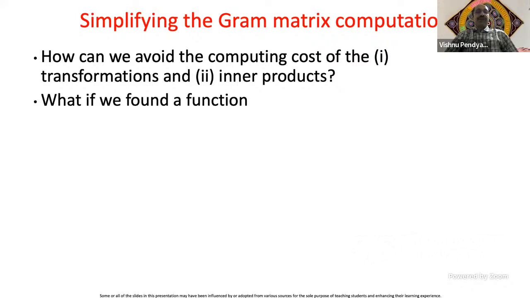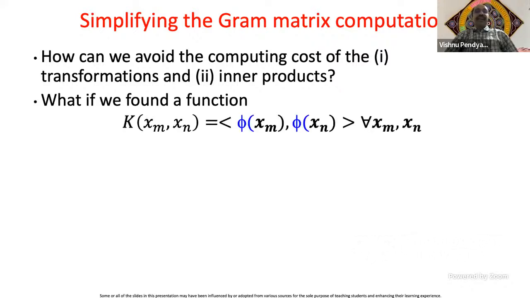What if we found a function k, which represents the inner product in the transformed space, but takes as arguments only the original feature vectors, and computes the inner product in the transformed space for all features in the original feature space?